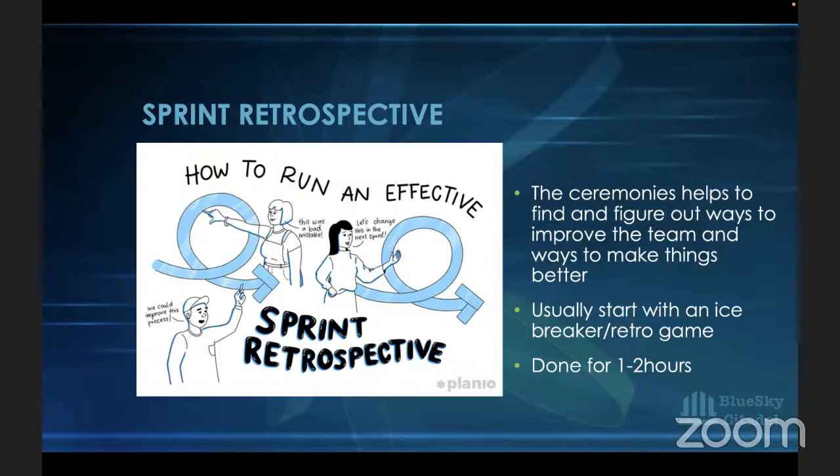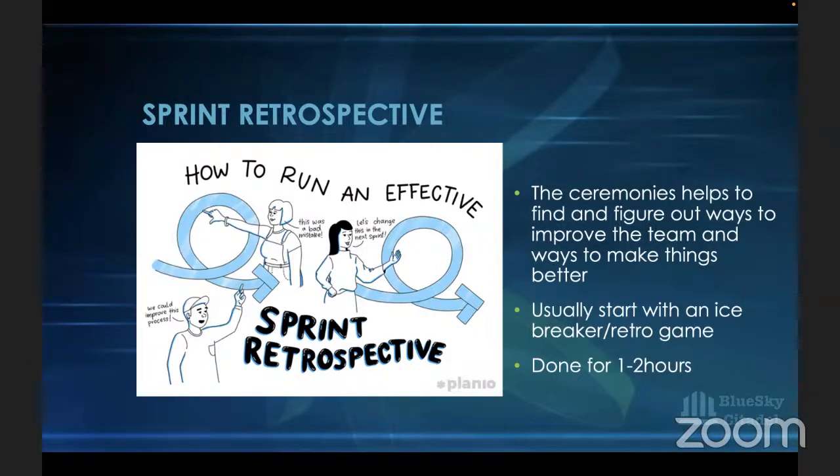And also one of the Agile principles explains that the team should reflect on how to become more effective, then tune and adjust accordingly. So this Scrum event is a very good ceremony to adjust and adapt, because it helps you to just inspect what has happened in the sprint, inspect your processes and how you can be better as a team.